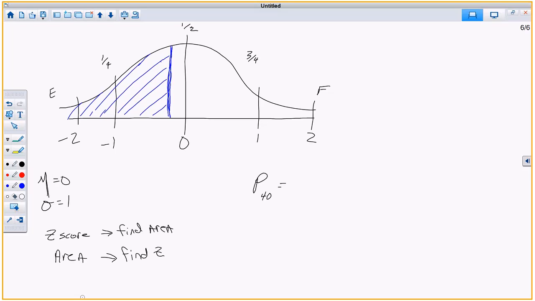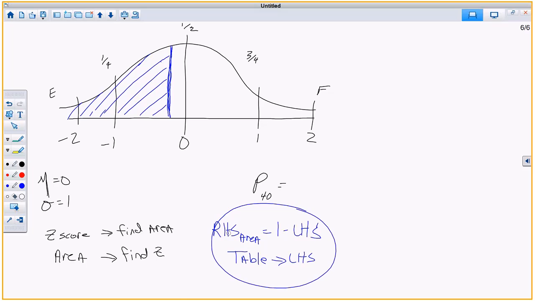I'm going to write that down for anybody wanting to use the table. The right-hand side area is equal to 1 minus the left-hand side, because the table only gives the left-hand side. Okay, so that's for table people.